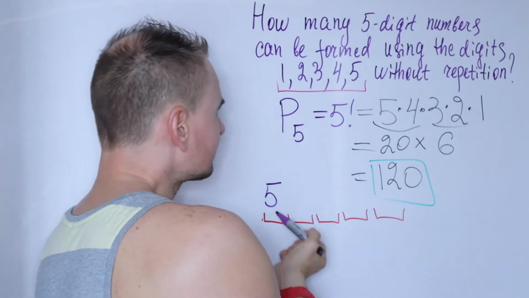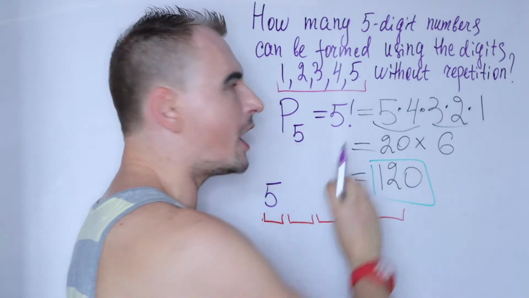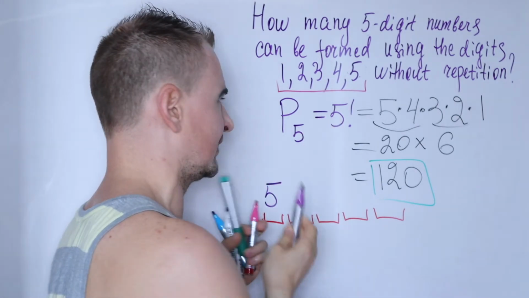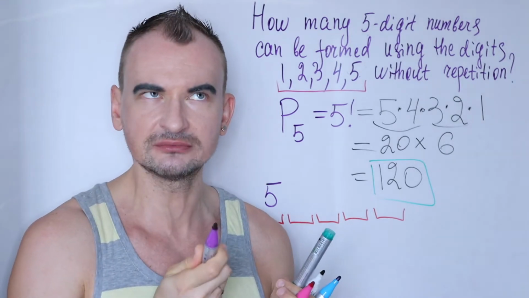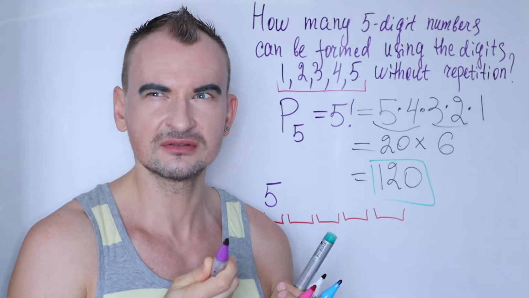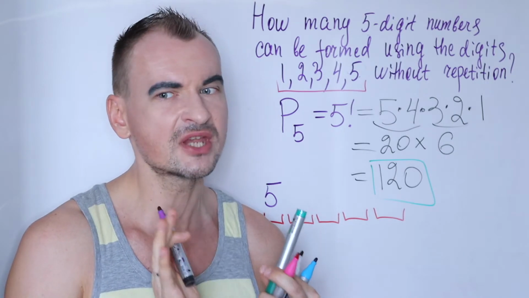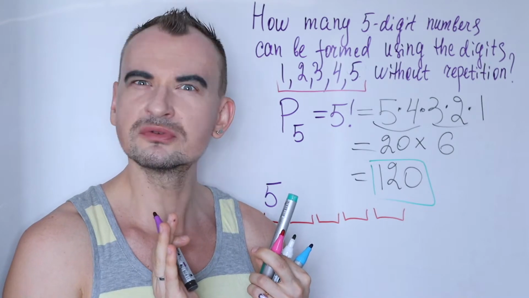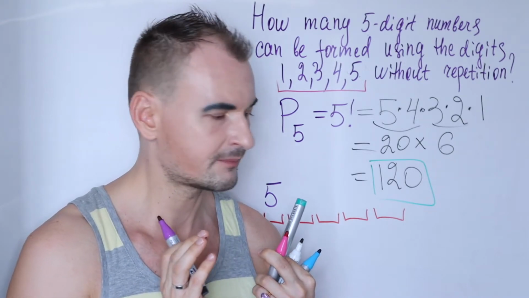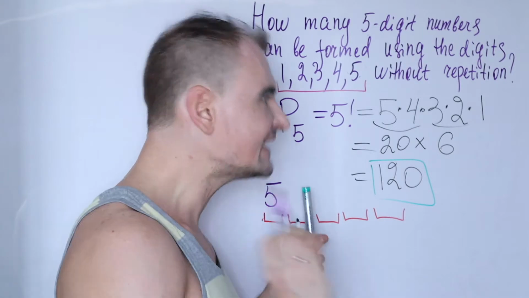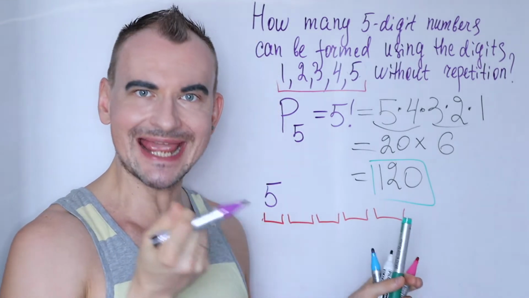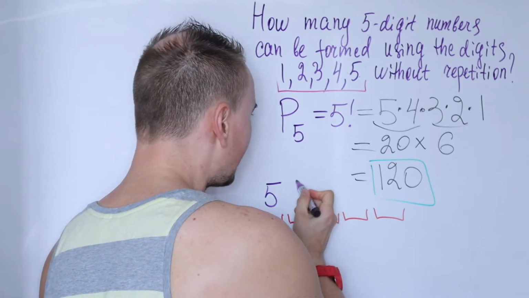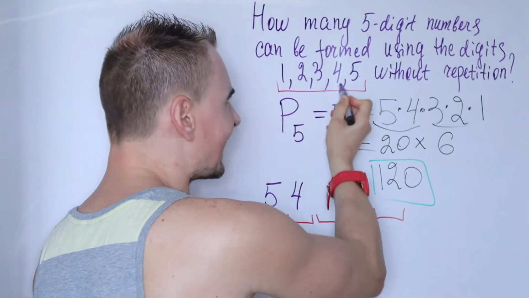Now, since we are not allowed to use repetition, and the first digit is already selected, for the second place, for the second slot, I have the rest, 4.